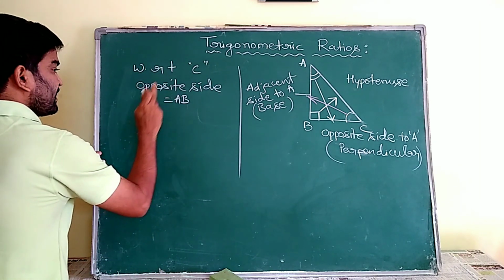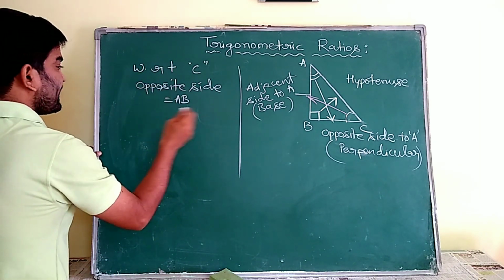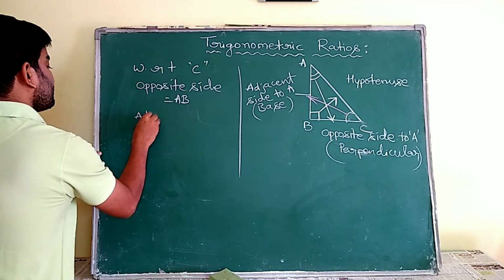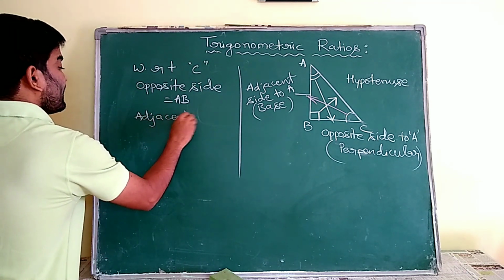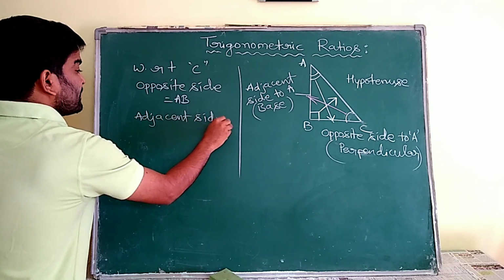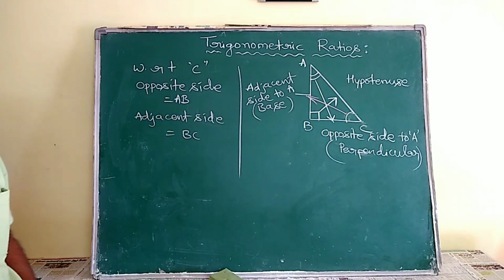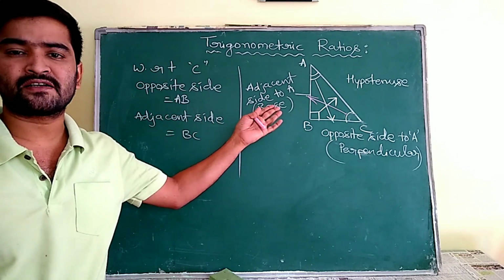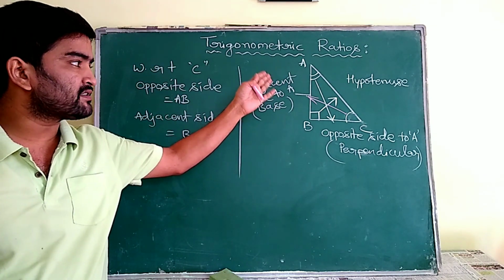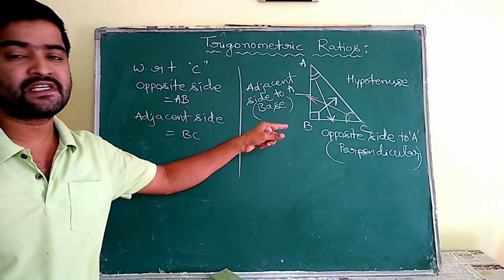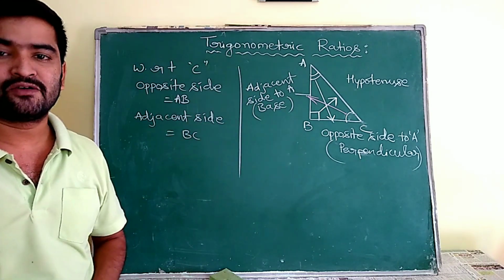And with respect to angle C, the adjacent side is equal to BC. The hypotenuse is the same for any corresponding angle. For A the hypotenuse is AC only, and for C also the hypotenuse is AC only.